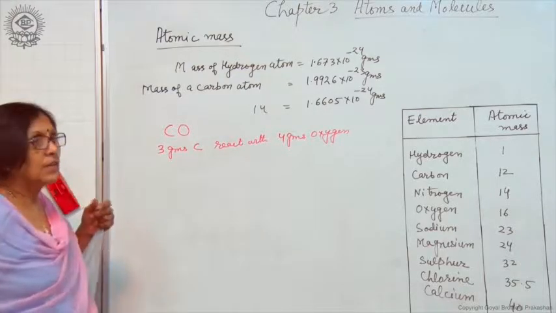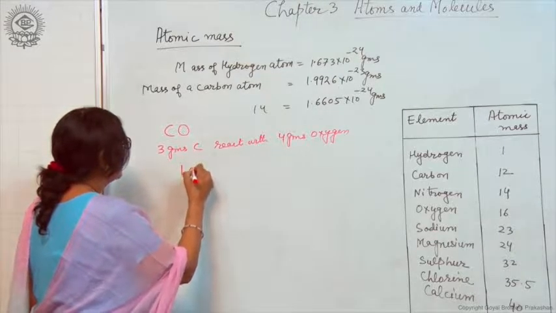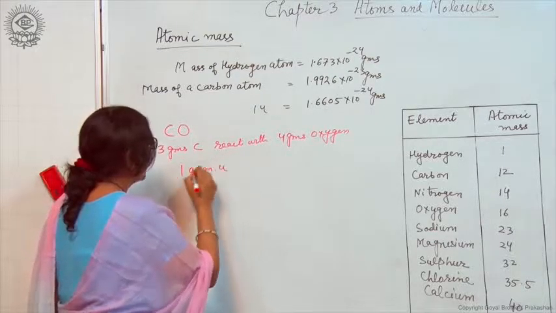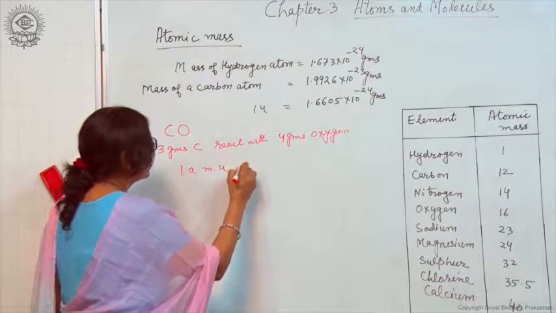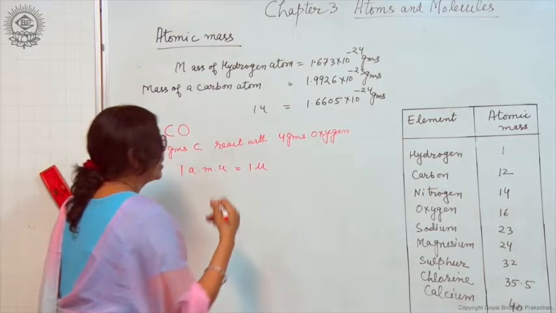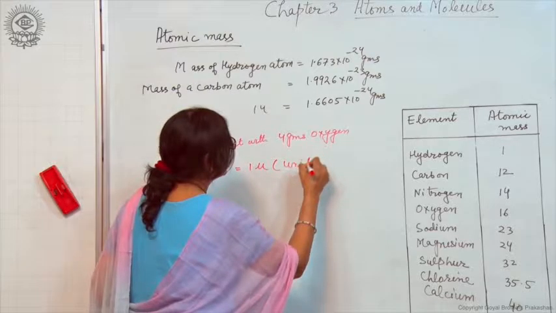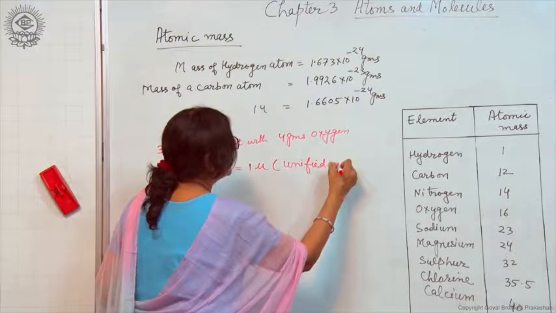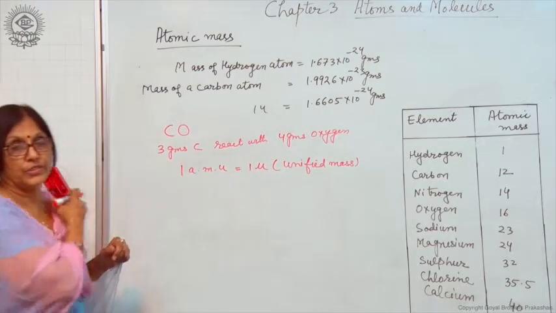Now, if we take the unit of atomic mass as 1 AMU, atomic mass unit, but nowadays instead of AMU, the unit of atomic mass is u, that is unified mass. It has been approved by IUPAC.